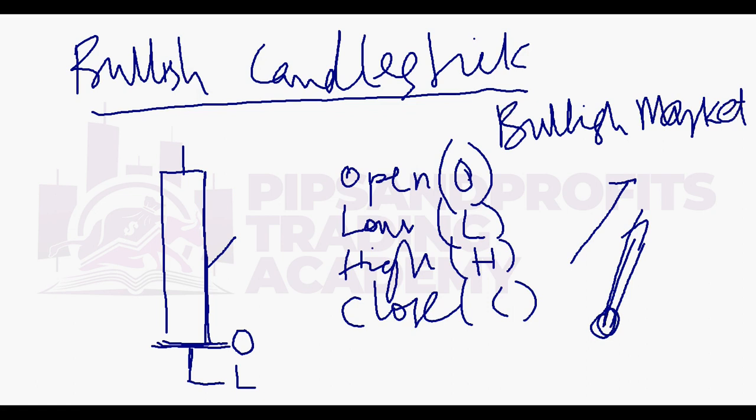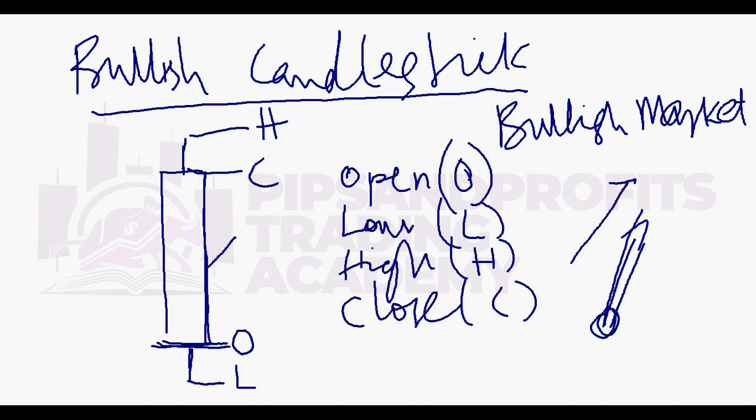When it goes up, it is going to make a high. So this point now becomes your high. And based on the time frame you are in, when that time frame elapses, the candlestick is going to close.